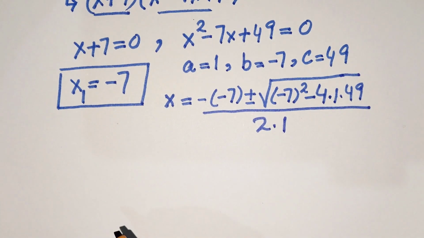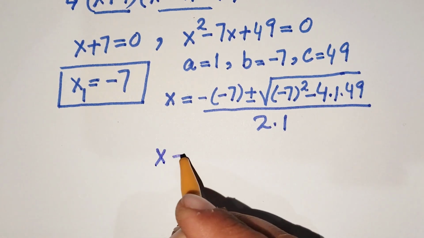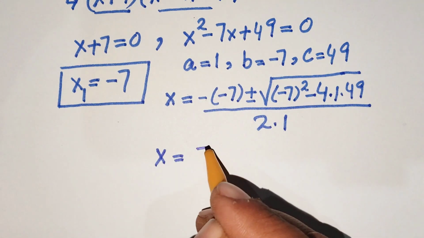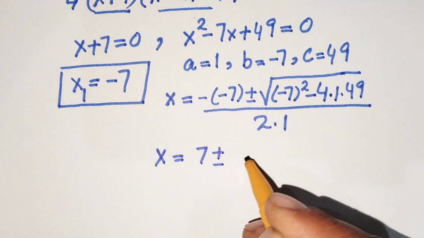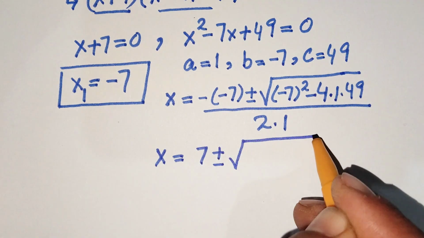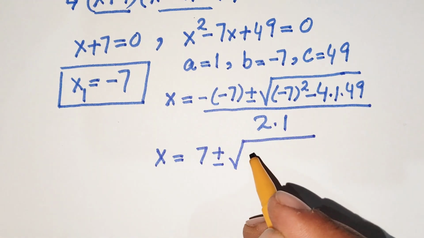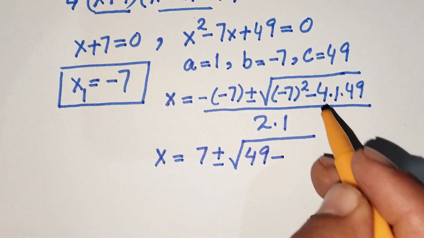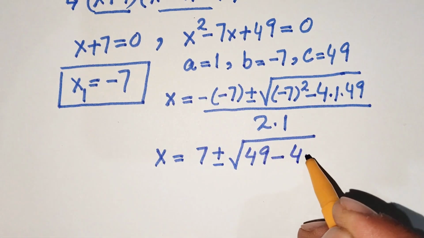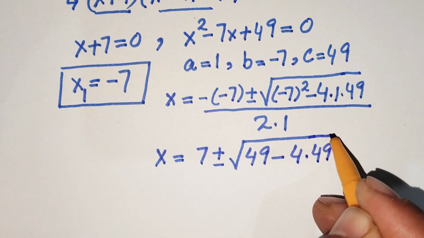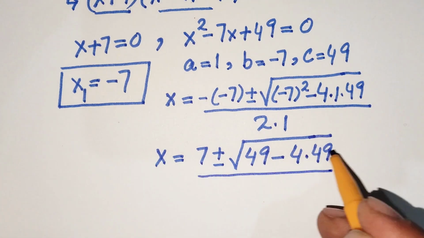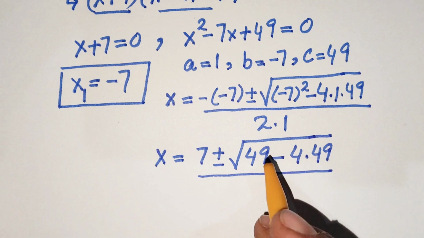So now x is equal to, minus times minus is plus, so 7 plus minus the square root of minus 7 whole square, which is 49, minus 4 times 1 times 49. We don't multiply this one because we are going to take 49 common.